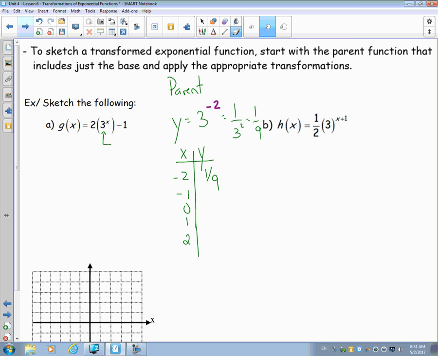And what happens if x is -1 this time? We'll do the exact same equation, except we'll make it -1. We get 1 over 3 to the 1, which is just 1/3. Try the next one, 3 to the power of 0. Well, that's a nice one. That's just 1. 3 to the 1 is 3. 3 to the 2 is 9. That's my parent function.